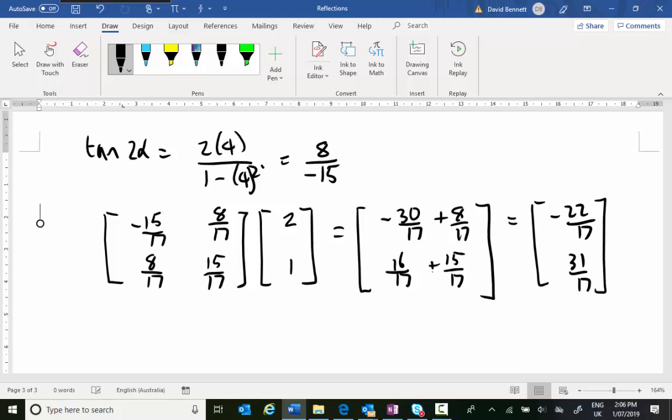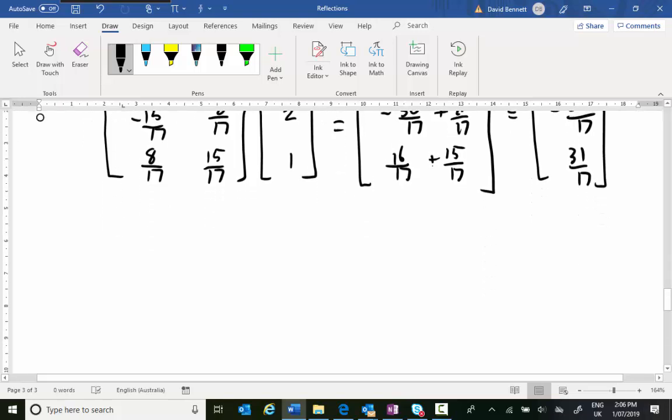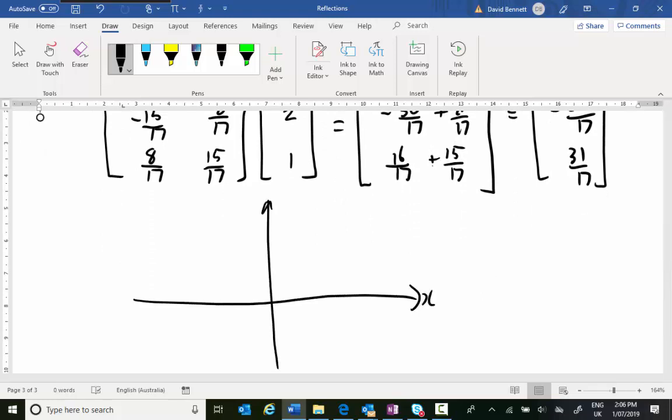Right, so let's have a sketch of what that would look like. Okay, I've got my line here, that's my x-axis, that's my y-axis. I've got my line here, it's fairly steep. Okay, that's y equals 4x. I've got a point over here, which is, say, 2, 1.